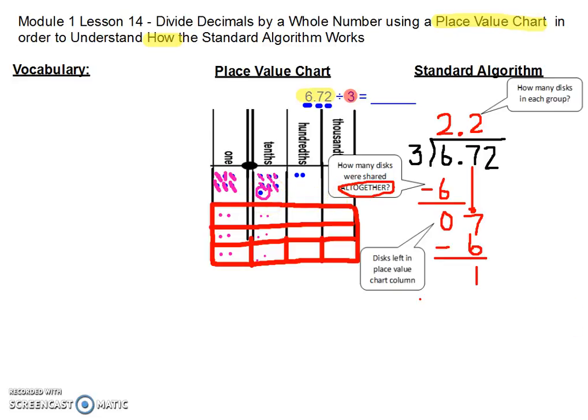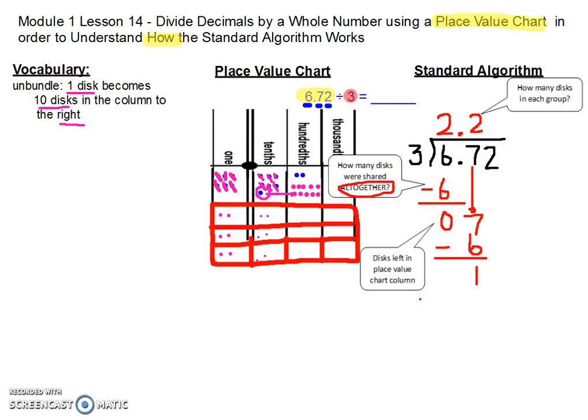Now, we want to think about what we can do to share those discs, and we want to unbundle. And remember, unbundling is where one disc becomes 10 discs in the column to the right. So we'll take that one left over and we'll move it over here, and it becomes 10 discs. So 1, 2, 3, 4, 5, 6, 7, 8, 9, and 10.